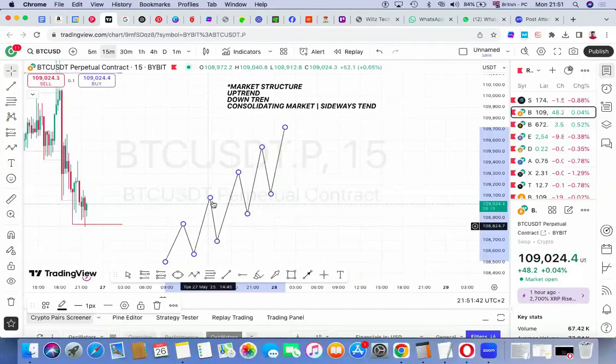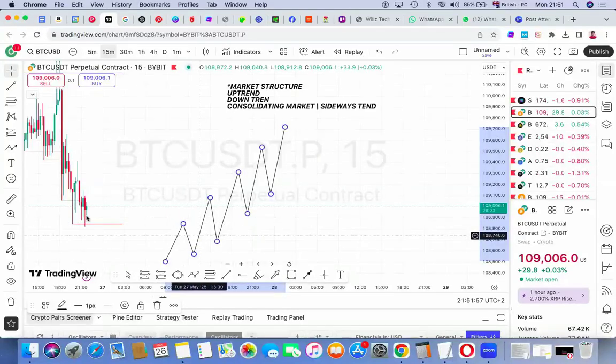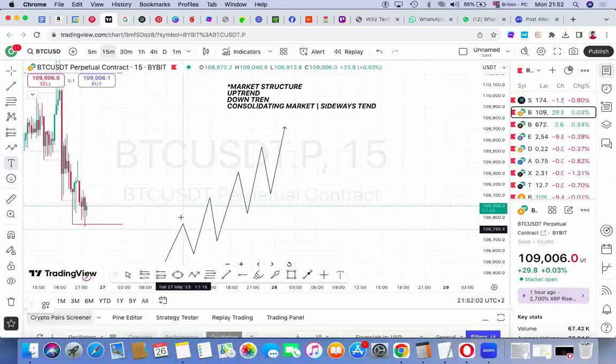So creating a higher high here and creating an impulsive move here, then creating a higher low. We say a higher high because the high here is higher than this high. So I'll pick my text tool now right here.